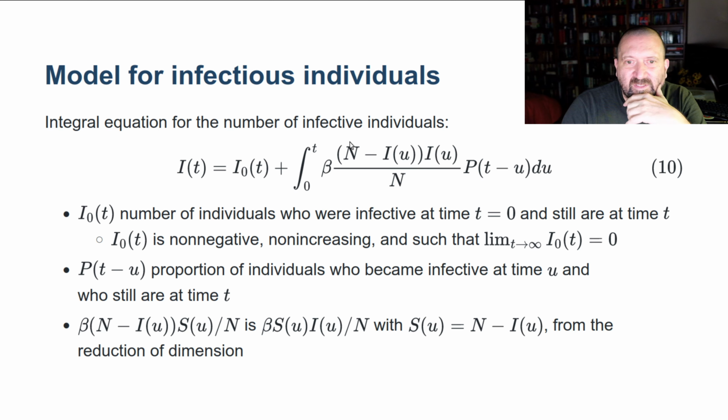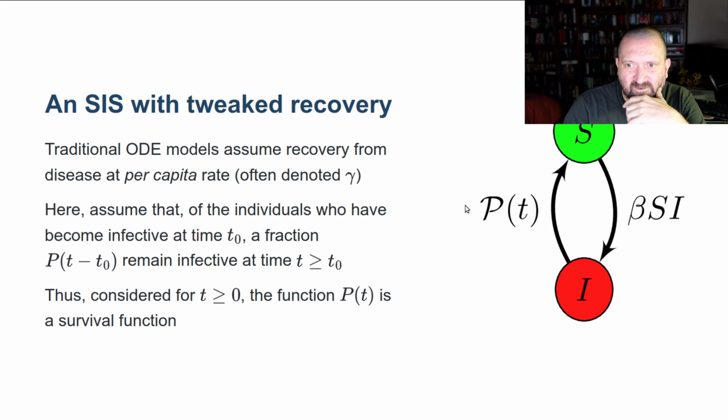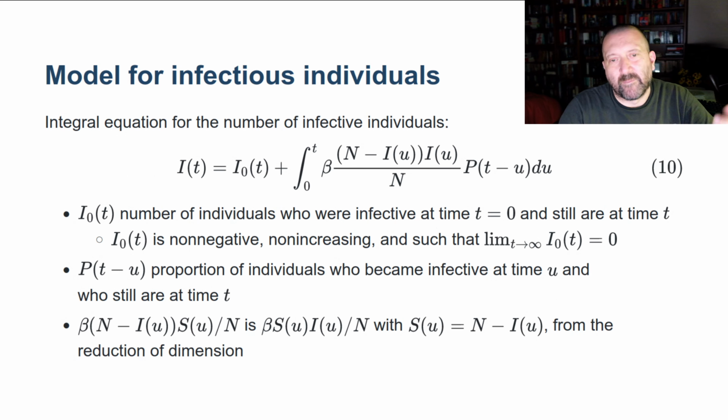And then if you look at this term, it's the product of two terms. So let's start, actually I'm dividing by n here. I thought I was doing mass action, but I'm not doing mass action. Never mind, it amounts to the same thing. So this is infection at time u, for u varying between 0 and the current time. So this is beta S i over n.